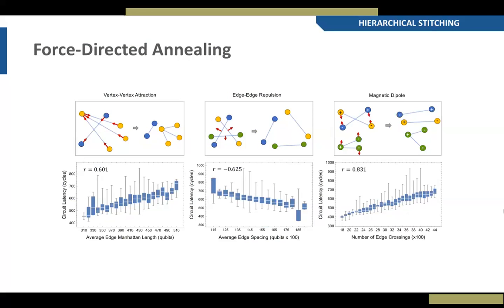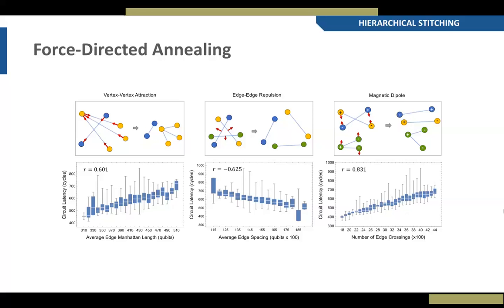And it's pretty highly indicative, more tightly correlated with circuit latency than the other two metrics. But edge crossing numbers are pretty hard to calculate, so it's hard to directly minimize that, even though it more accurately captures what we're trying to optimize for. I do want to add that the circuit latency was calculated by our braid simulator that we built from scratch.